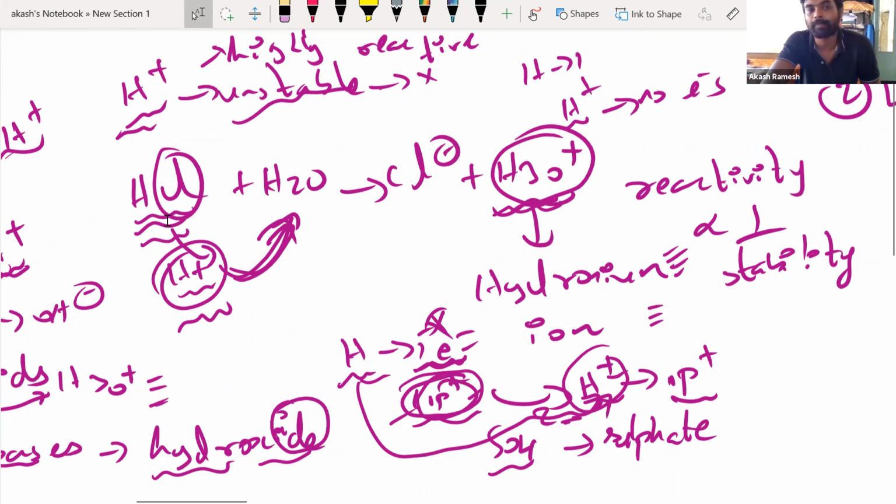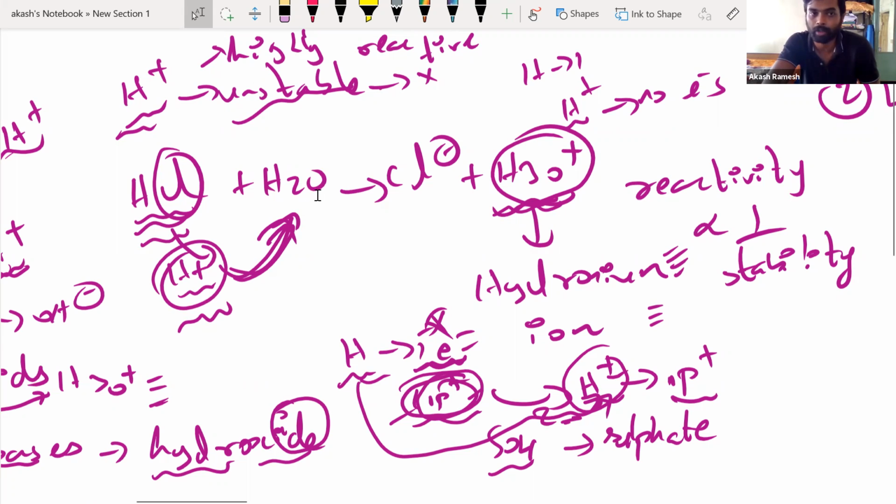Please understand, not only in this reaction, any reaction where an acid or a base is involved, if something is capable of giving me H plus, there should be something else in the solution which will be able to accept this H plus. So there should be an H plus donor as well as an H plus acceptor.